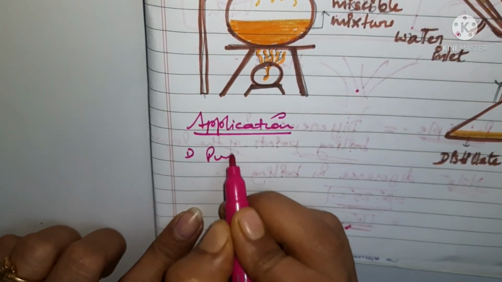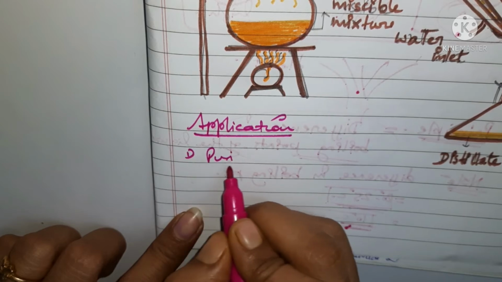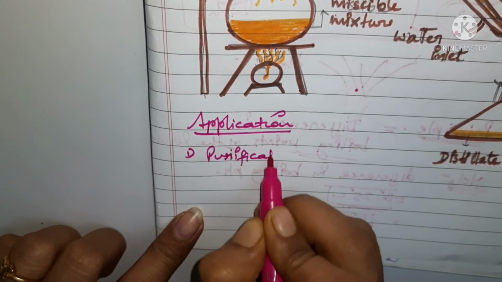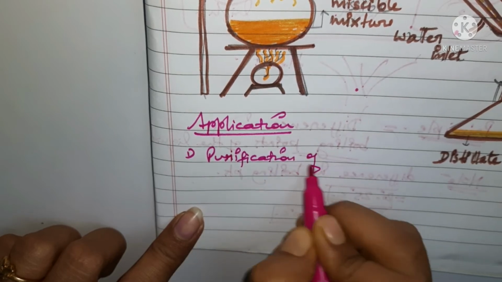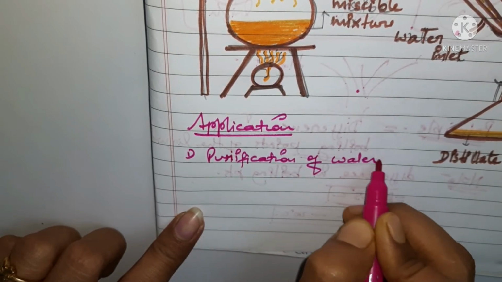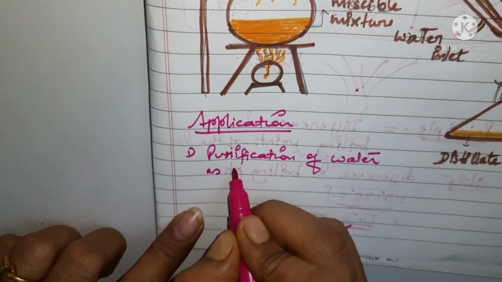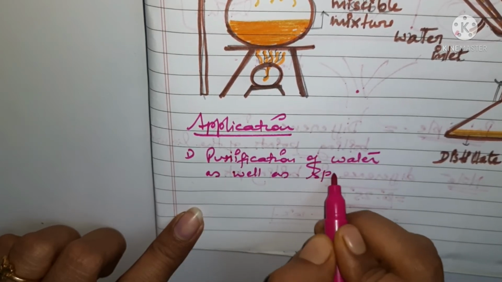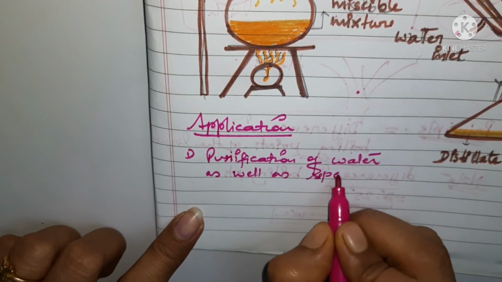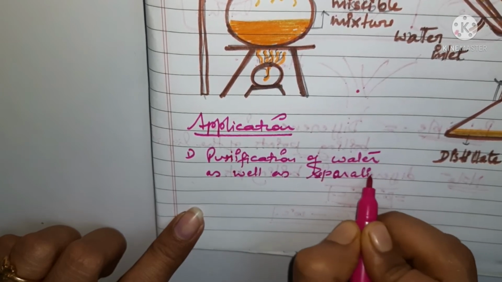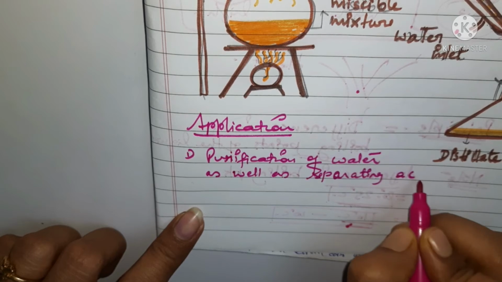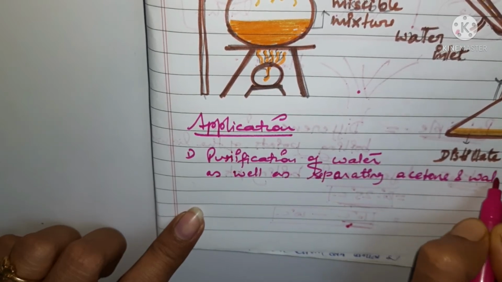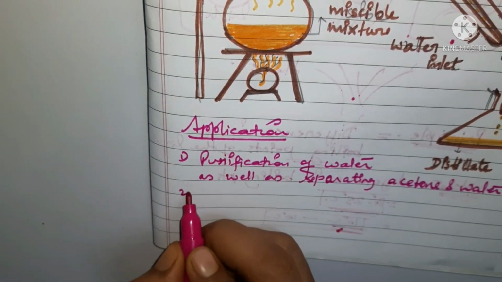First you can write that it is used in the purification of water as well as separating acetone and water. Okay, so this is one case where it is used.